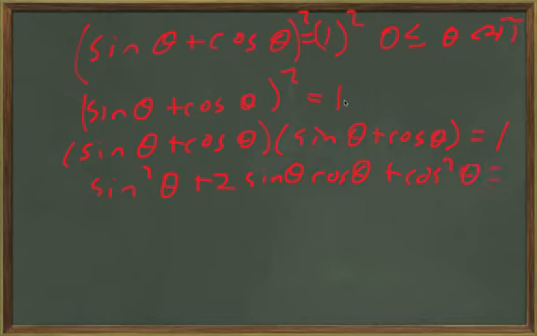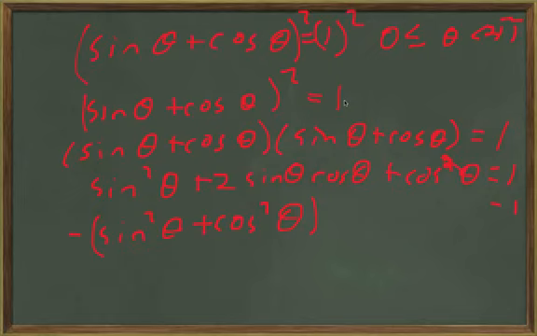Okay, now if you remember, sine squared plus cosine squared is 1. So if we subtract sine squared theta plus cosine squared theta, that's the same as subtracting 1.